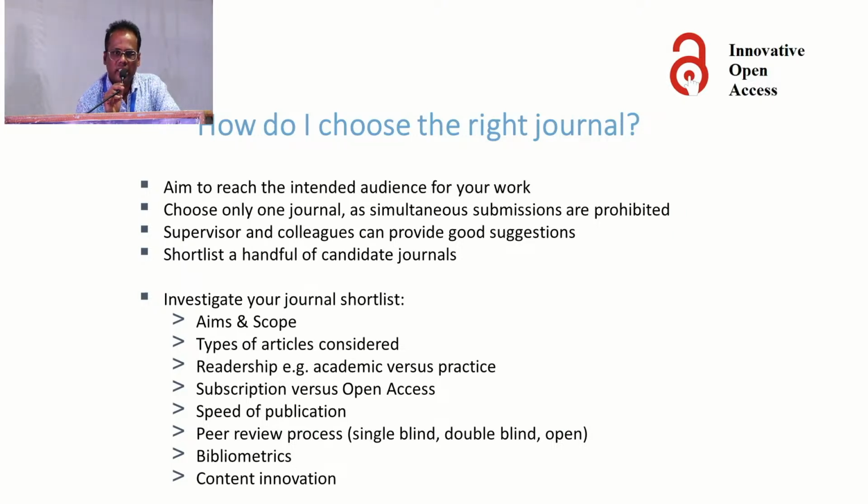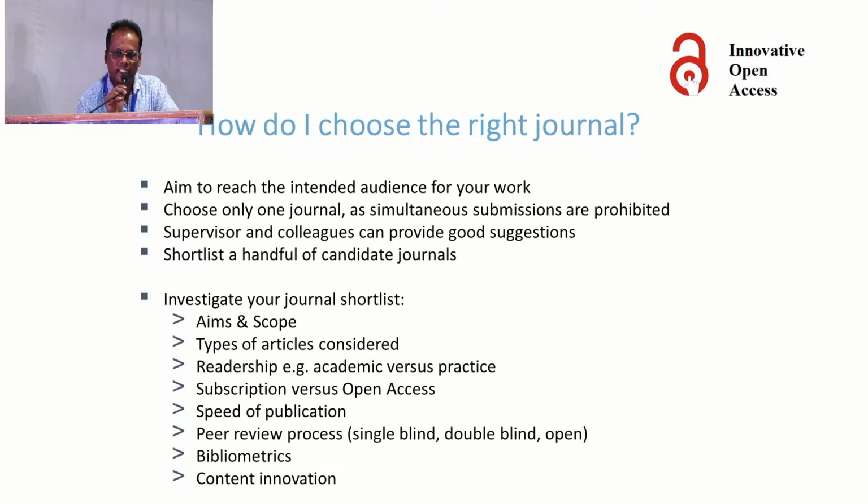Peer review processes are basically of 3 types: single blind peer review, double blind peer review, and open peer review. In single blind peer review, when the author submits their manuscript, the article is reviewed by a reviewer, and the author does not know who is reviewing it.